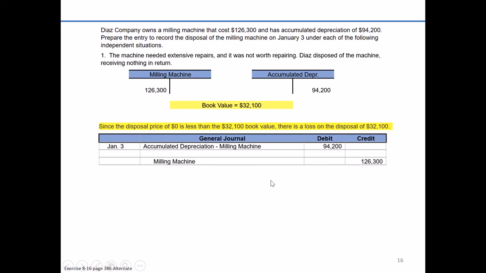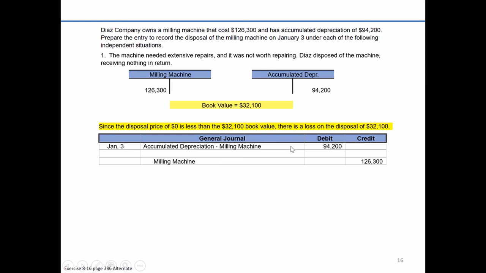What we need to think about is to compare what we receive, which is nothing, as they indicated, so we receive zero, to what we're giving up. What I mean by that is the book value of the asset currently on the books. Receiving zero, subtract from that the book value of $32,100 that we're giving up. That would give us a negative number of $32,100. That means we have a loss on disposal.